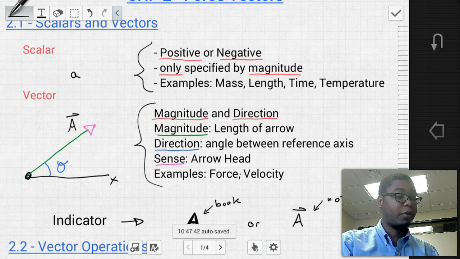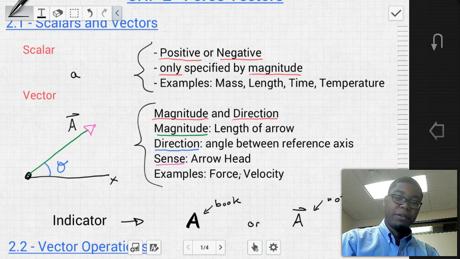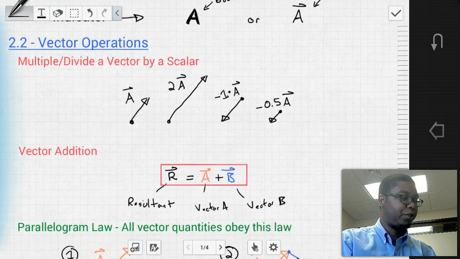You'll see, depending on the book that you're studying with, or if you've got additional reference books, that different authors use different approaches. However, the fundamental equations are always going to be the same. So now that we've described what a scalar and a vector are, let's go into basic vector operations, which is 2.2.